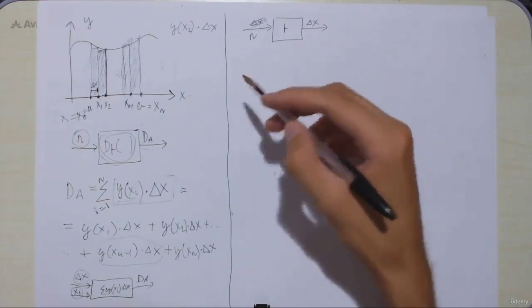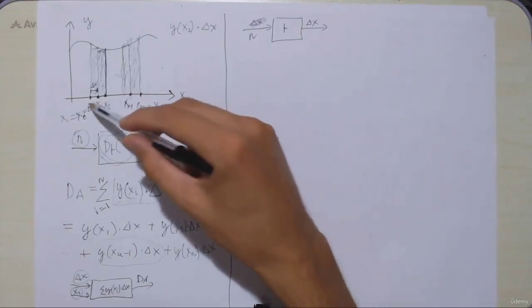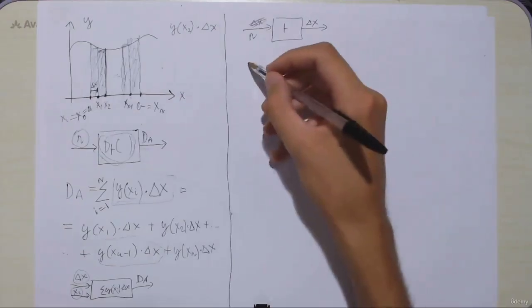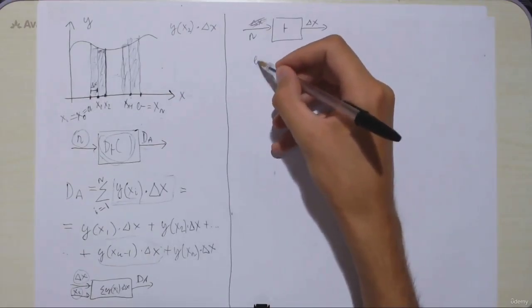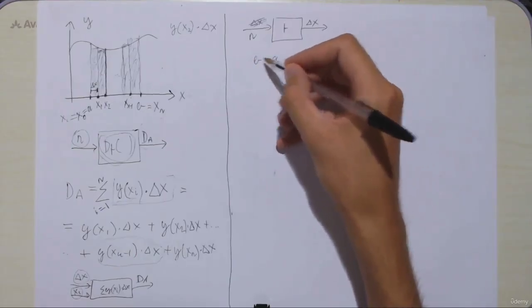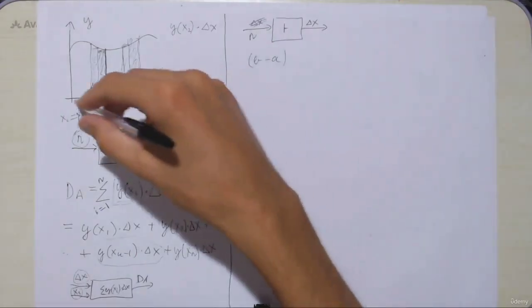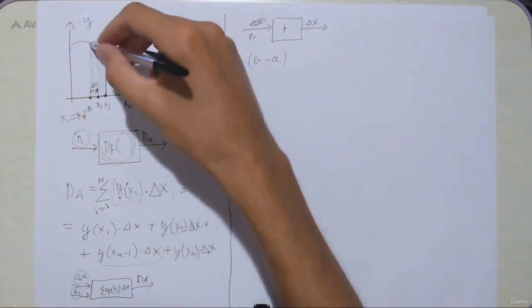Well, if you look at B and A, what will you get if you subtract A from B? If you have this expression, B minus A, what will you get? Well, you will get this distance, right?